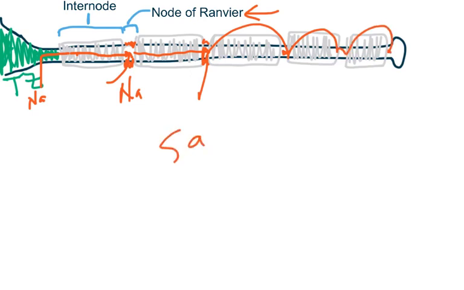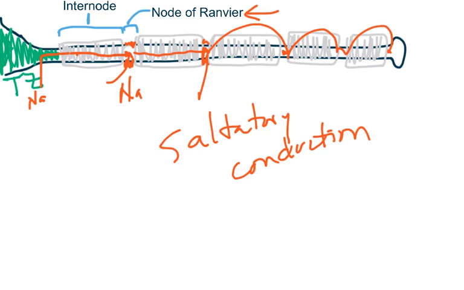This is known as saltatory conduction. And this is how signals are faster in a myelinated axon, because they jump essentially from node of Ranvier to node of Ranvier, where there's a very high density of voltage-gated sodium channels.